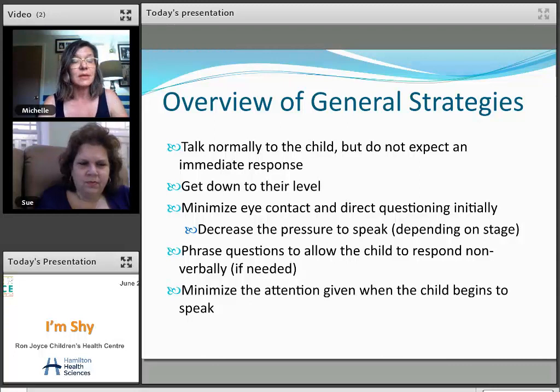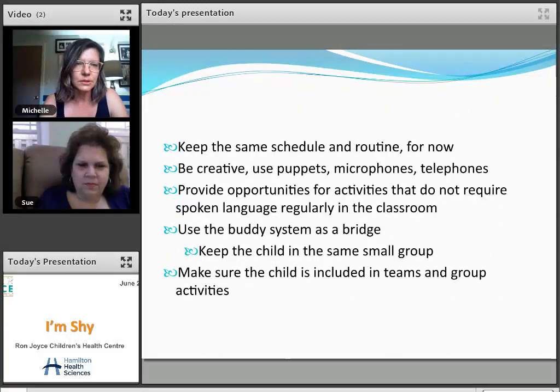But eventually they may respond, and it may just be a smile or a wave. But if we never give the opportunity, then they just become invisible, right? So it's just altering our expectations. Don't lower them. But these are the kinds of things that can help, with giving direct instructions to people who will be around your child to get your child to speak more.